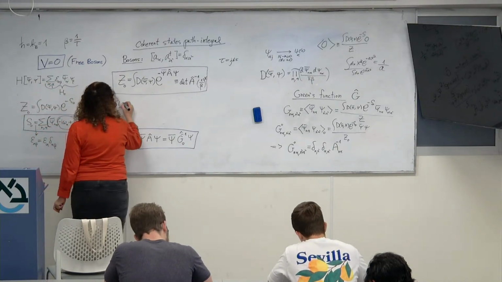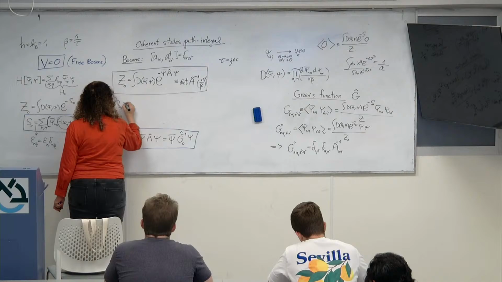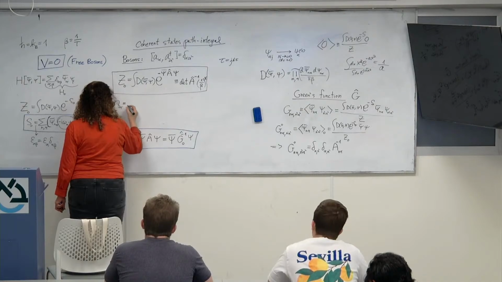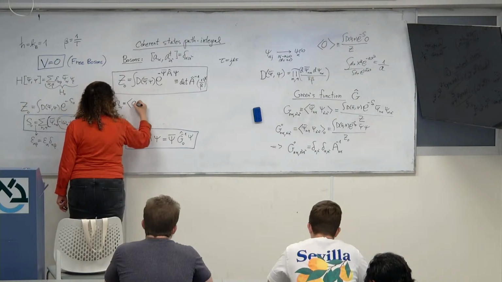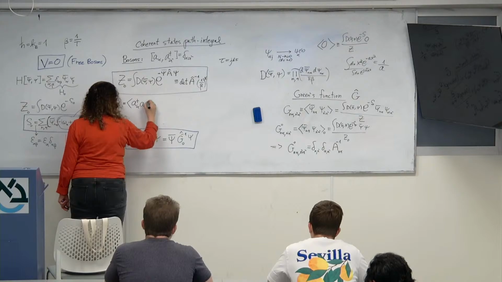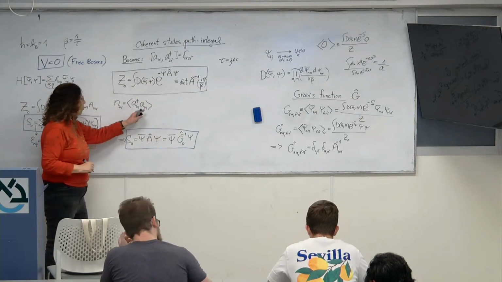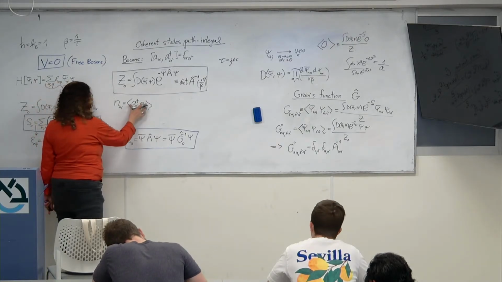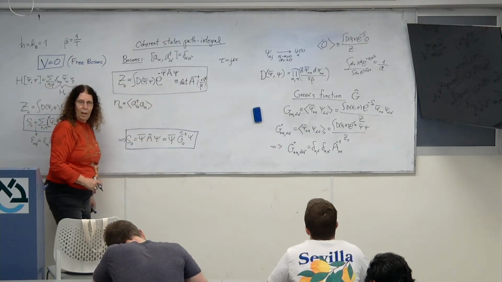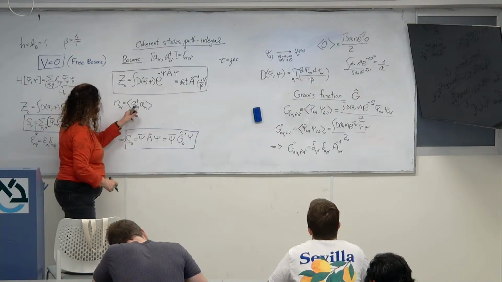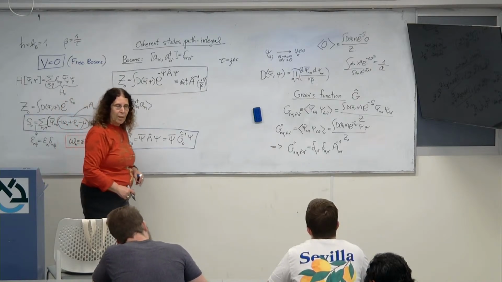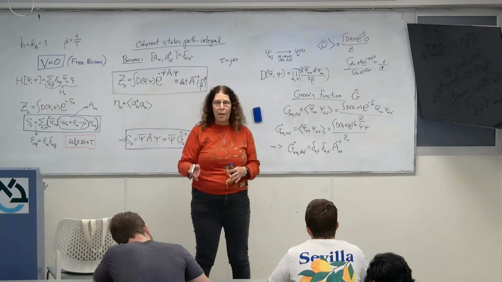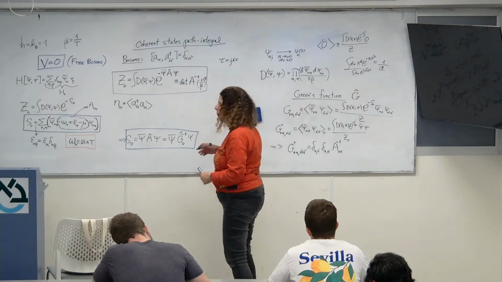Okay? Now what is the definition? In terms of operators, this is what we want to compute, right? I'm now back to second quantization. I want to compute this thing. But when I convert it to path integral, the a alphas and the a alpha daggers become just psi and psi dagger, or psi and psi bar.